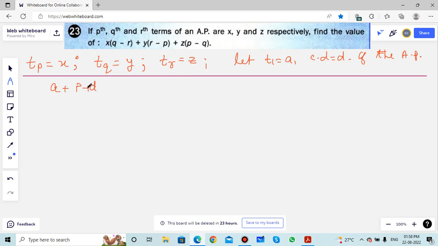Am I right? That is Tp, and what is Tp? They have given you x. So at the place of Tp I can write x. So I write here a plus p minus 1 d is equal to x.